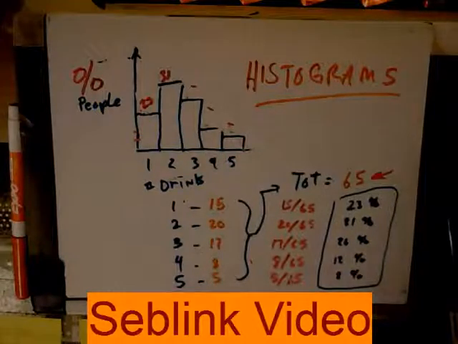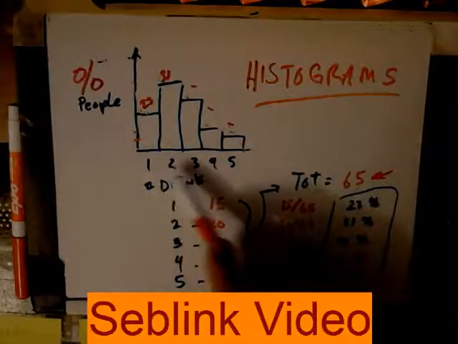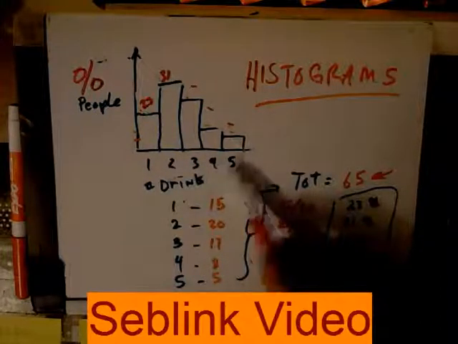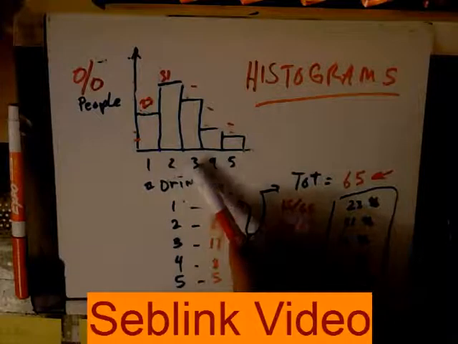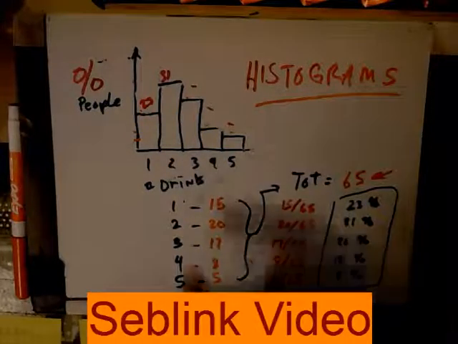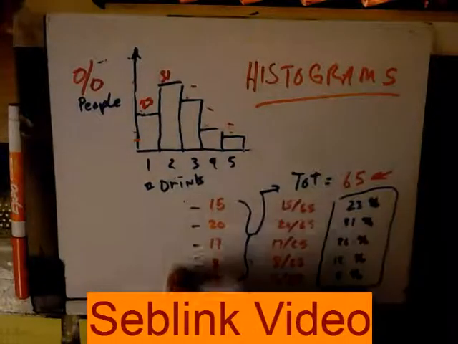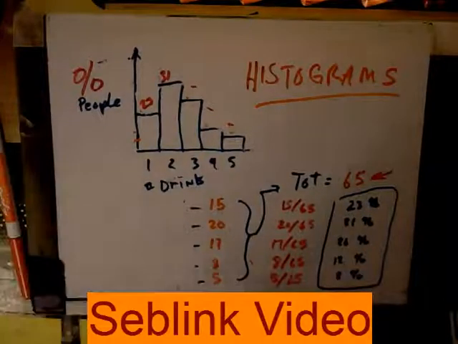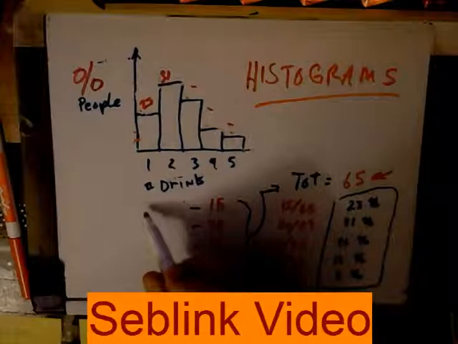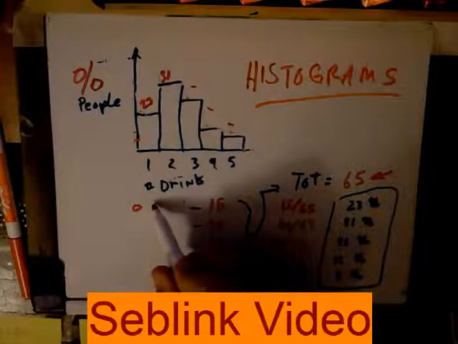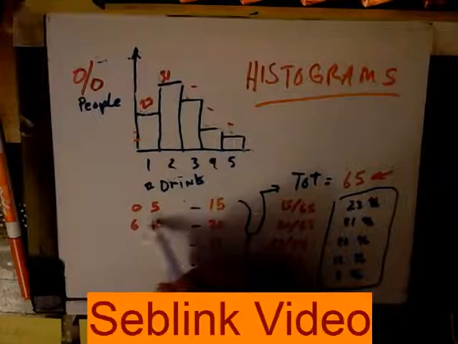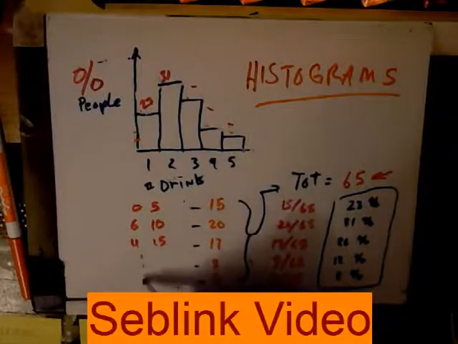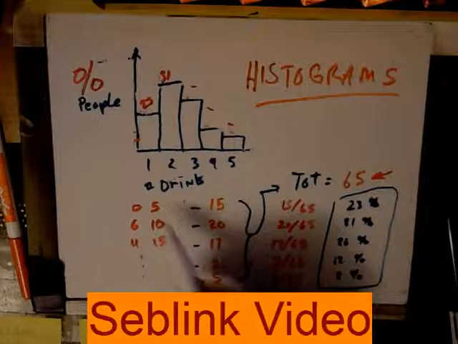Okay, now this particular data set was discrete values. They either had 1 drink or 2 drinks or 3 drinks. It is possible that your data is not just a discrete value, but it is a range of values, in which case you might have 0 to 5, 6 to 10, 11 to 15, etc. Or these could even be wider categories.